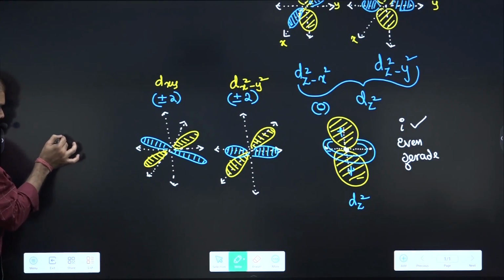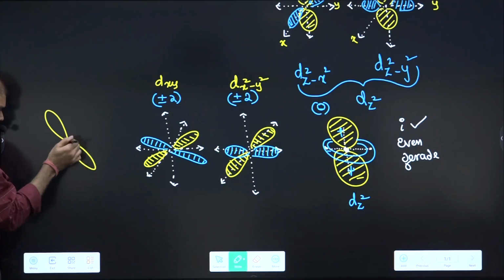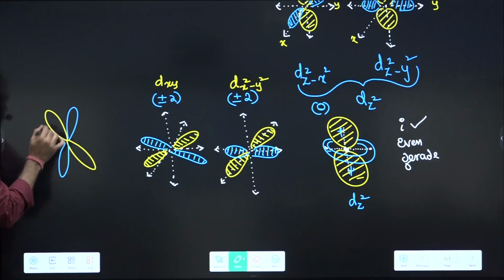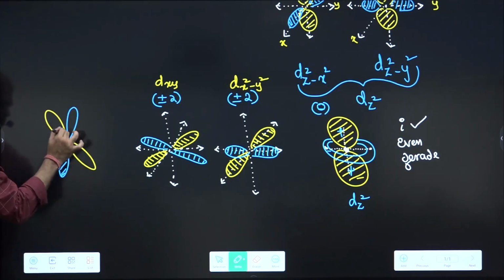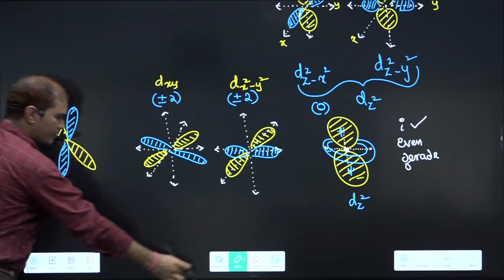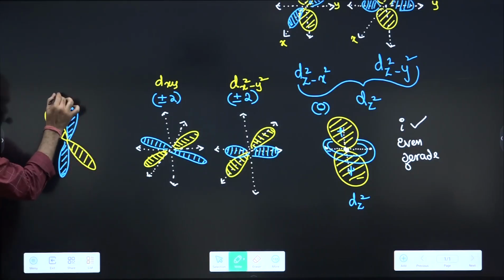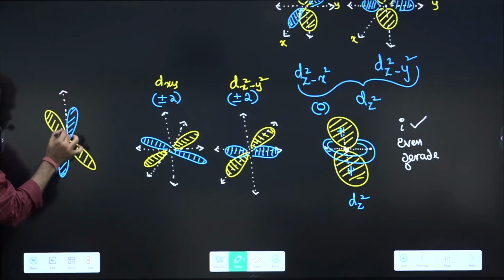How do I draw xz? Why in detail am I giving these diagrams?